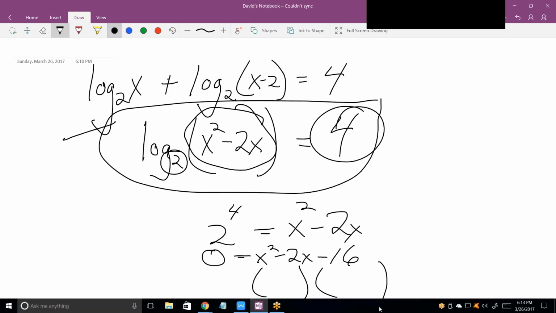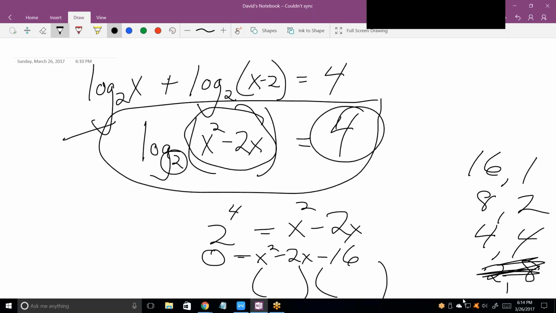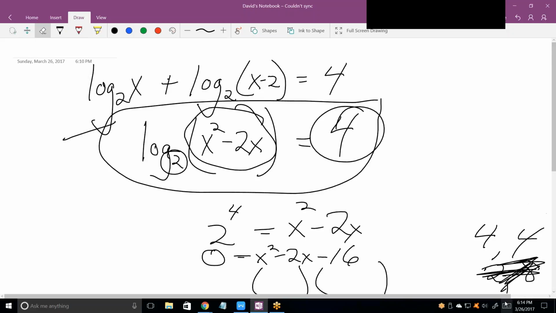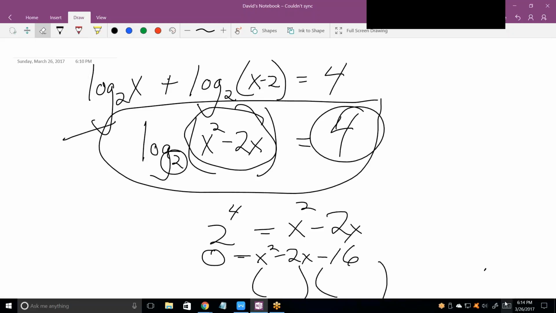Am I missing something? What are factors of 16? 16, 1; 8, 2; 4, 4. That's it. None of those subtract to the number 2. That being the case, we would have to use the quadratic formula to solve this.